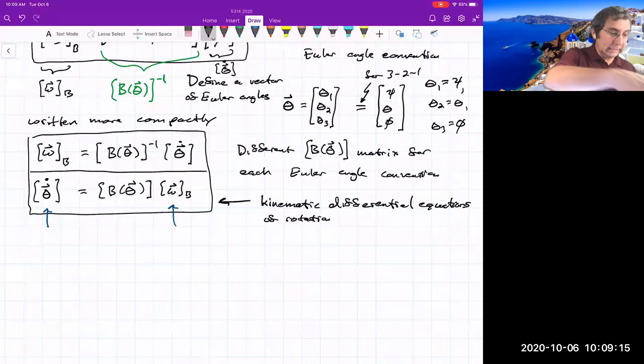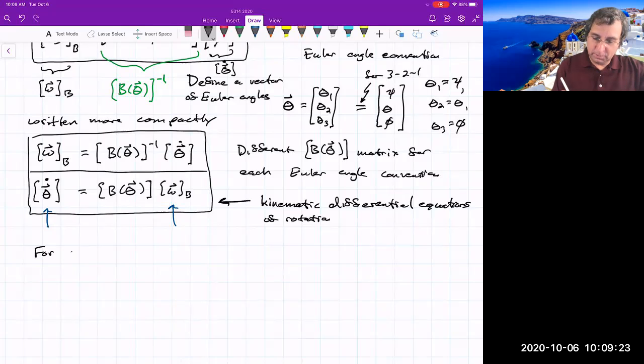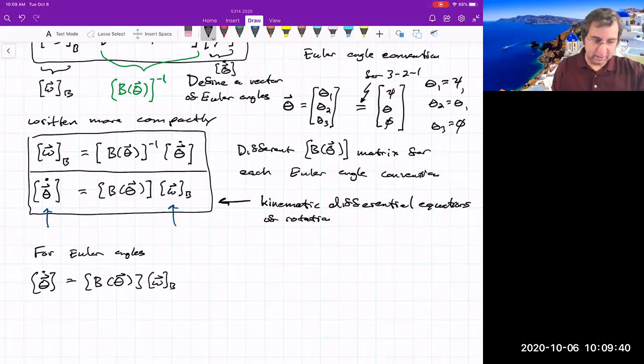What do I mean? It leads to problems. Well, for the Euler angles, what are we writing? We're writing theta dot equals this B matrix times the omega vector, okay?